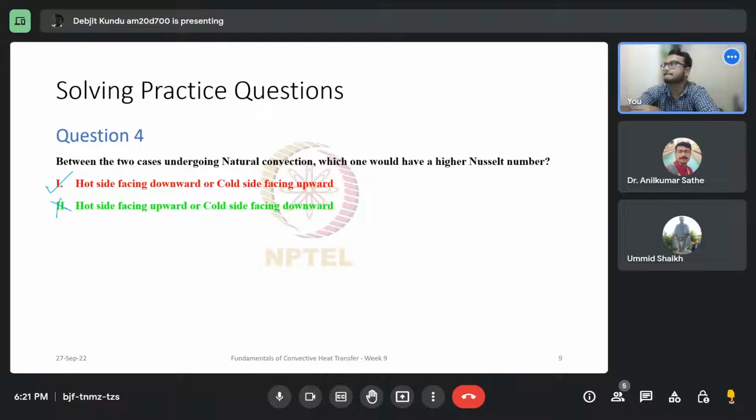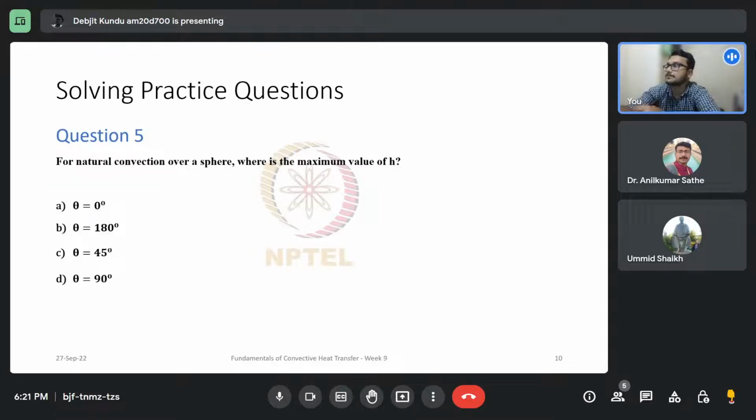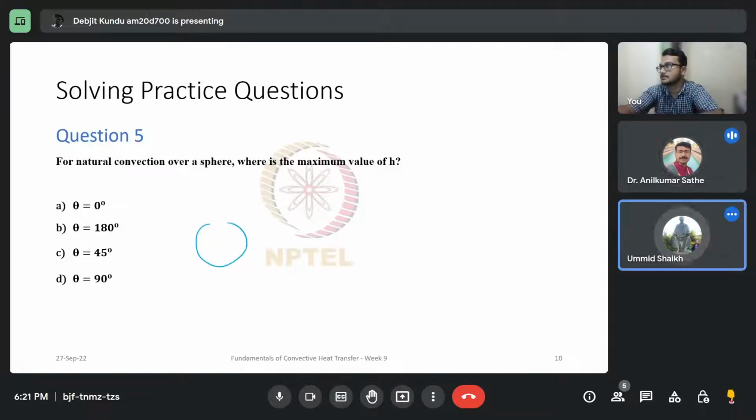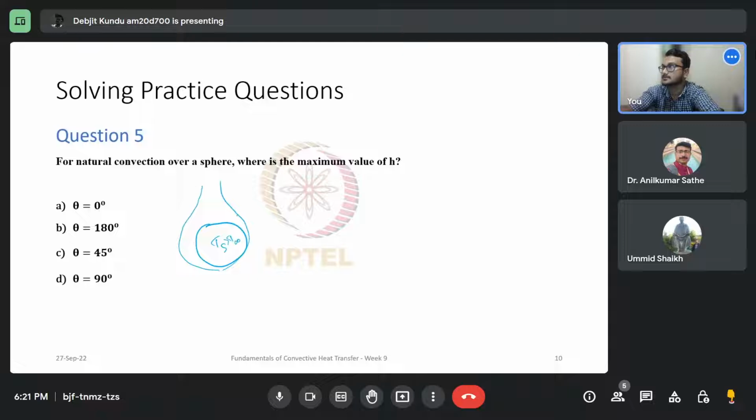Okay. So moving on. For natural convection over a sphere, where is the maximum value of heat transfer coefficient h? If we take a sphere which is at a higher temperature than T infinity, it would set off natural convection currents like this.